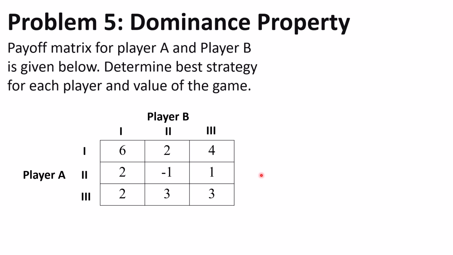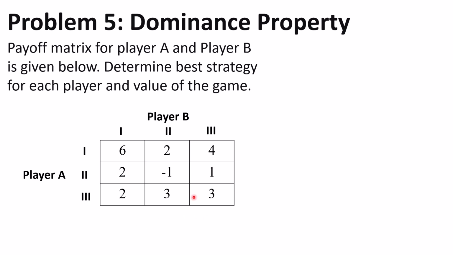Now if you check, this is not a pure strategy, because if you find the minimax value here, it is 2 minus 1 2, and the maximin value will be 6 3 and 4.